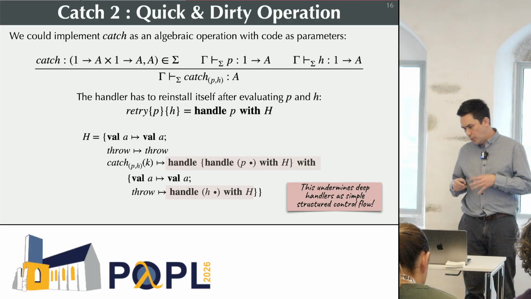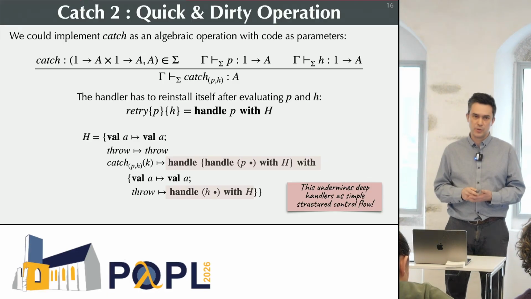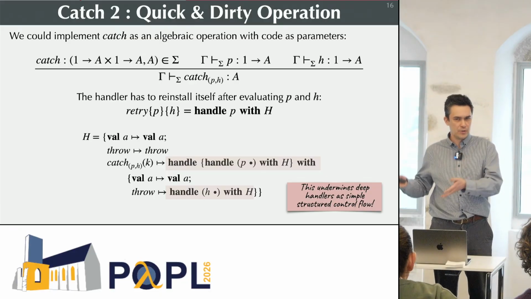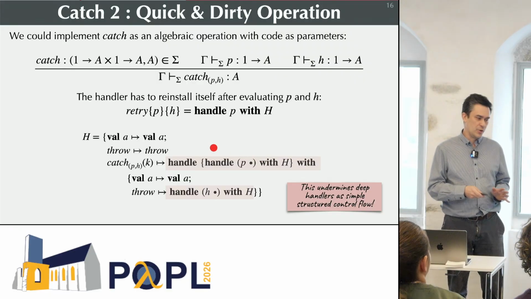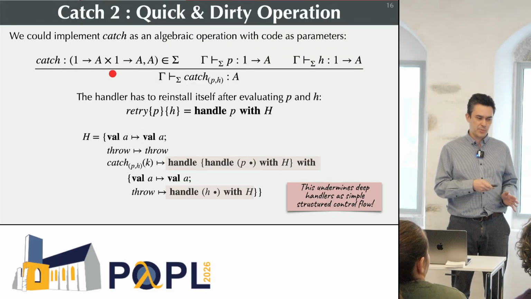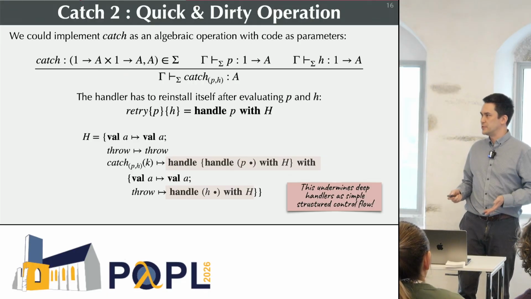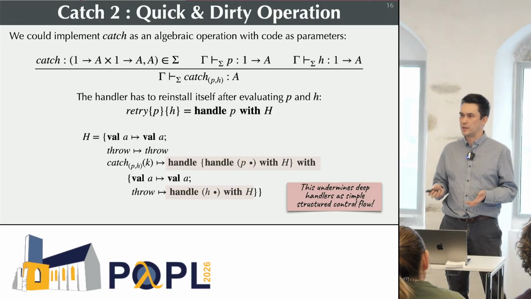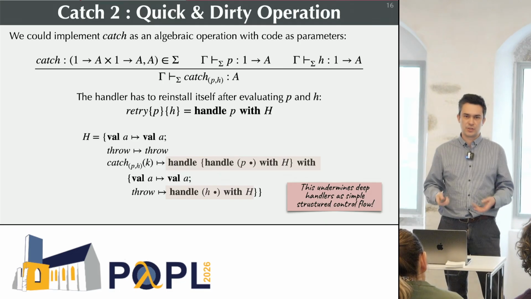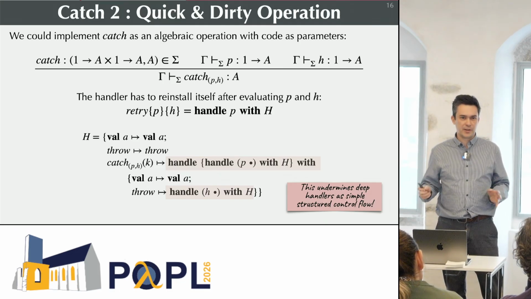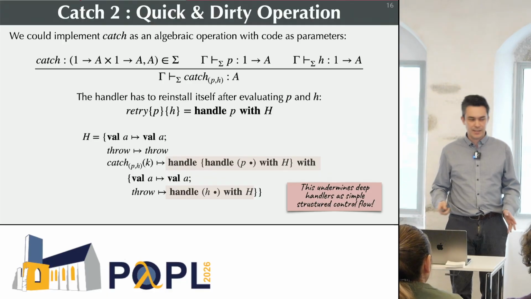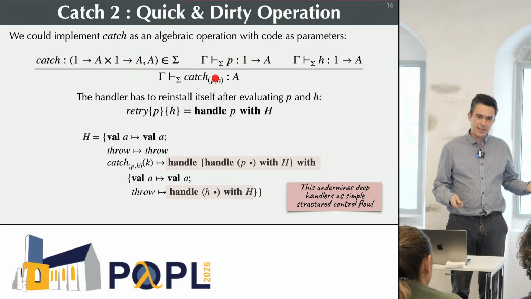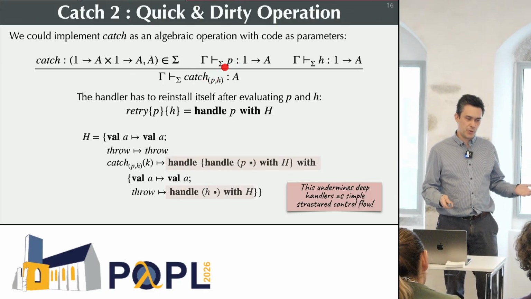One way of doing that, and I think it's the one that most experts ask me about first, like, why don't you just do this, is what I call the quick and dirty approach. You have the catch operation, and as its parameter, you put in code. You say, well, there's nothing wrong with code being a parameter. We can just pretend it's a ground type like everything else. Maybe it complicates the denotational semantics somewhat, but somebody clever can sort that out for us. That's fine. But that's what people do in practice, so you can imagine you've got your program P, your program H, and we're going to handle these.